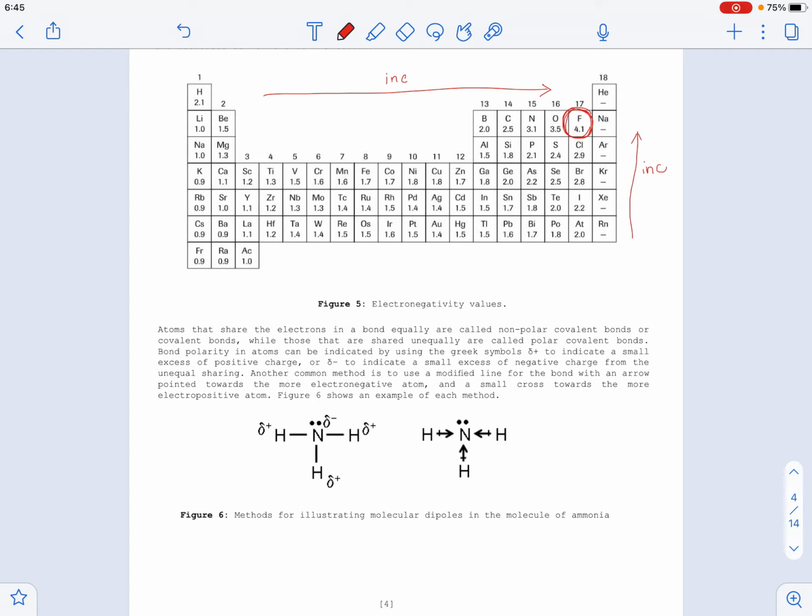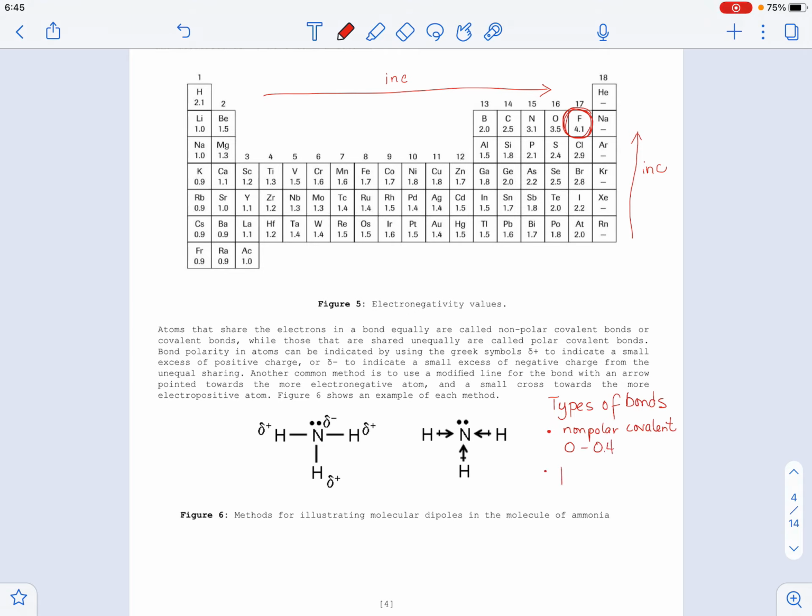So to give you an example, the different types of bonds are non-polar covalent, which means that our electronegativity difference is going to be between 0 and 0.4.